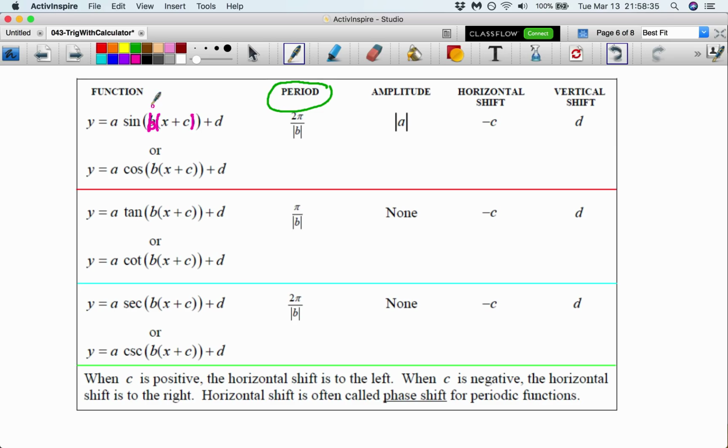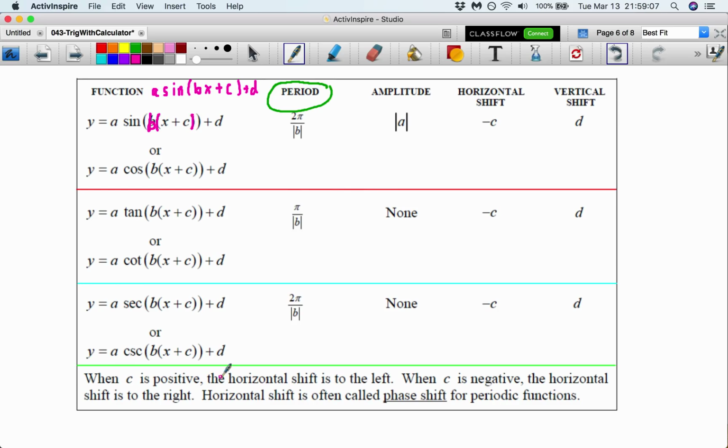In some of your pre-calc courses, it goes more like this: a sine (bx plus c) plus d. And in that case, it changes some of the formula. It doesn't change a whole lot. It makes the horizontal shift a weirder formula, but everything else is pretty much the same way. So we're going to make sure we factor out b so we can follow the book's format. If you're doing it this way, you're probably not going to get that much wrong.